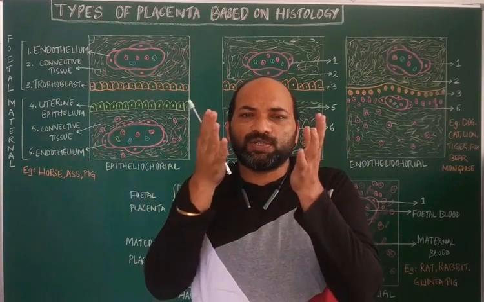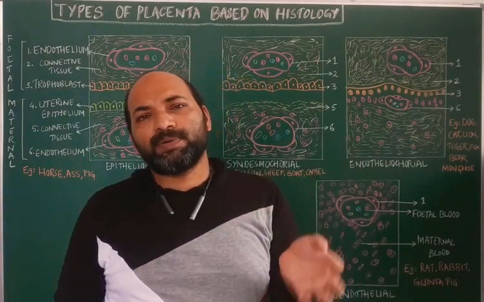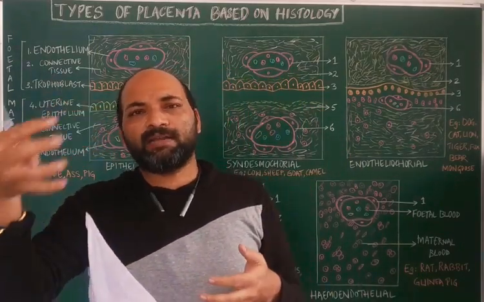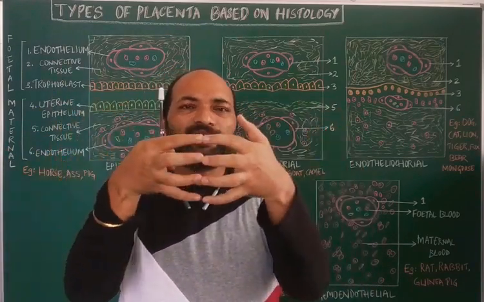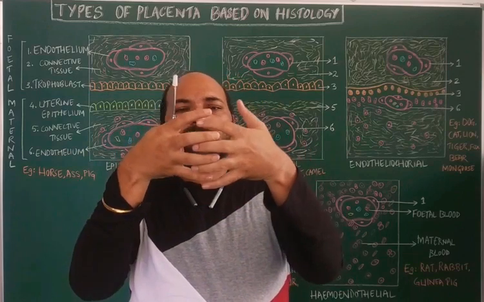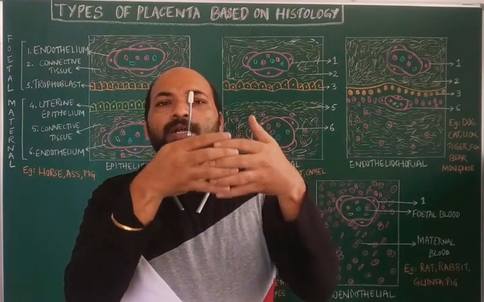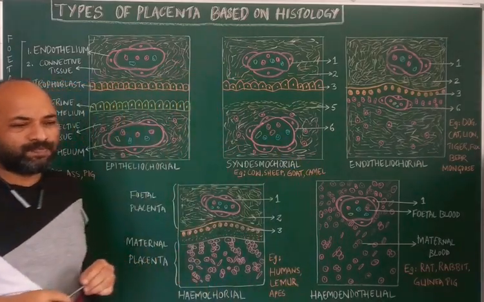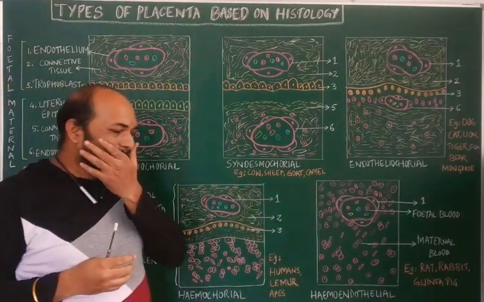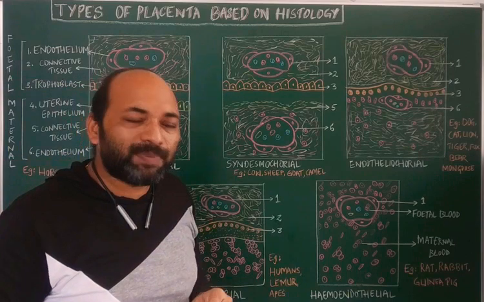So these are the three possible reasons why the maternal blood vessels and the fetal blood vessels are not directly in contact with each other, but are present in the form of interdigitations. Okay, so that is about how the placenta and the blood vessels are present.